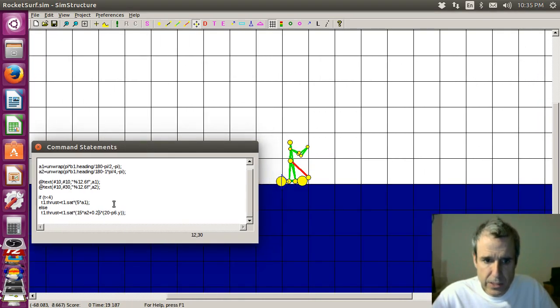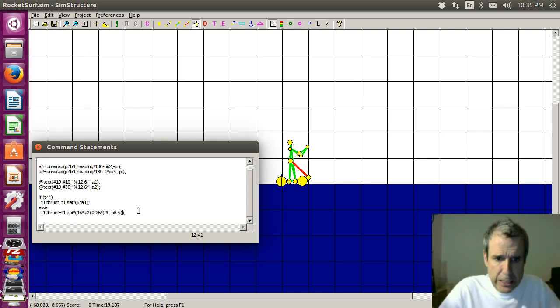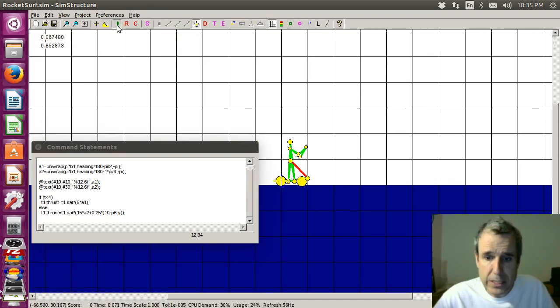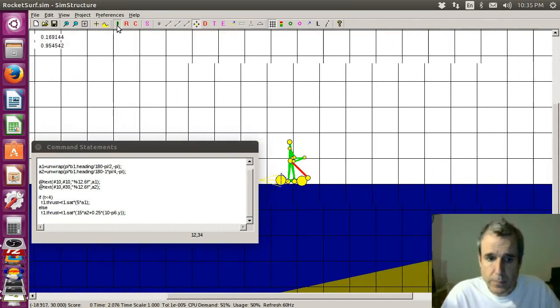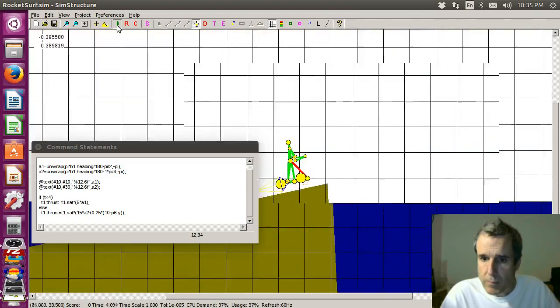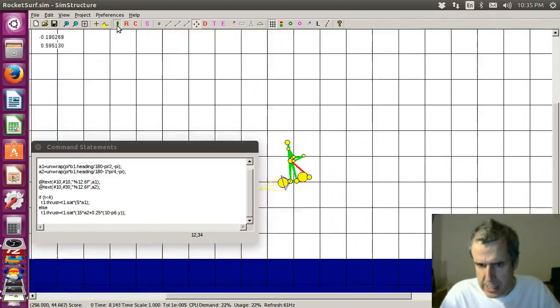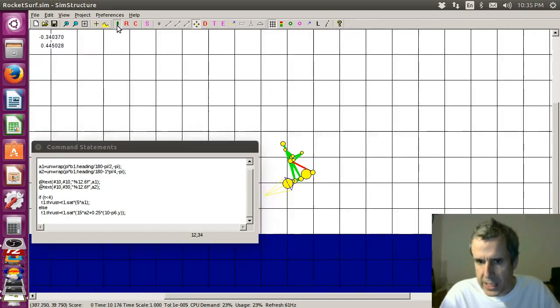Okay, let's reduce his elevation. Let's see if we can stay at 10. These are increments of 5, I do believe. So P6 is at 10.